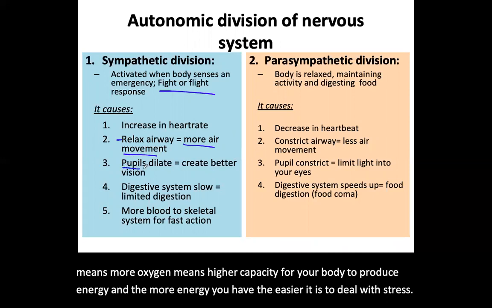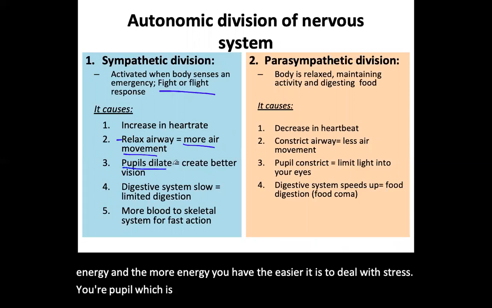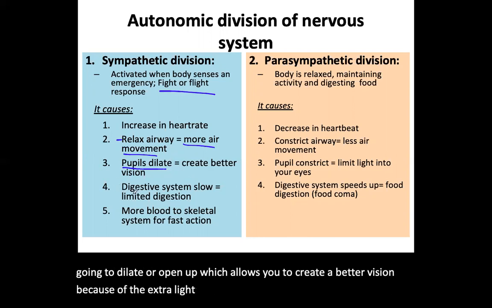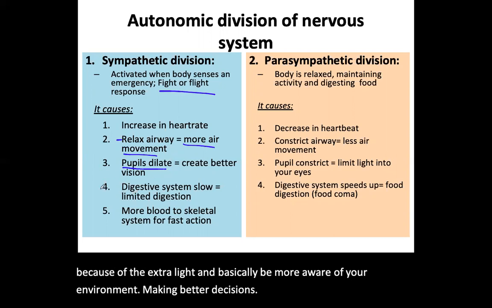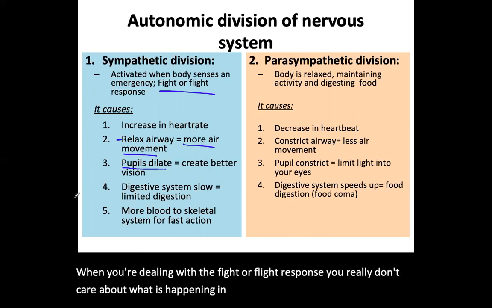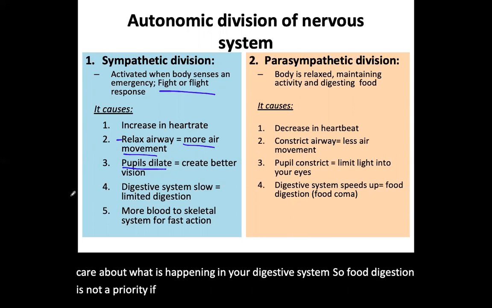Your pupils, which is the opening right at the center of your eyes, are going to dilate or open up, which allows you to create a better vision because of the extra light, and basically be more aware of your environment, making better decisions. When you are dealing with a fight or flight response, you really don't care about what is happening in your digestive system. Food digestion is not a priority if you basically are in danger of dying in the next 2 seconds.